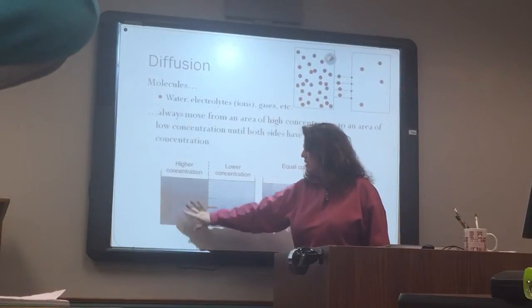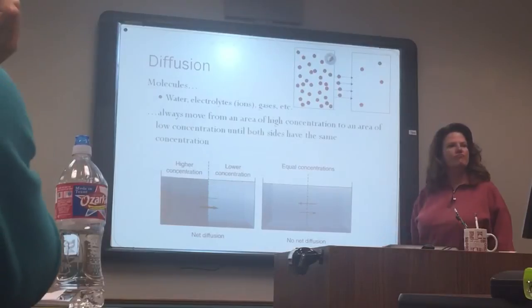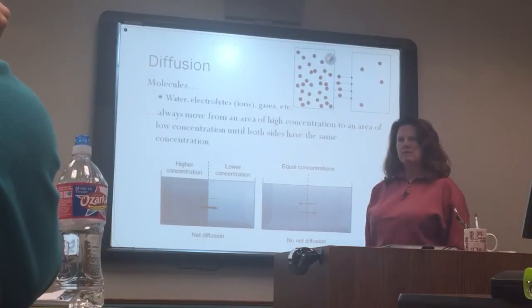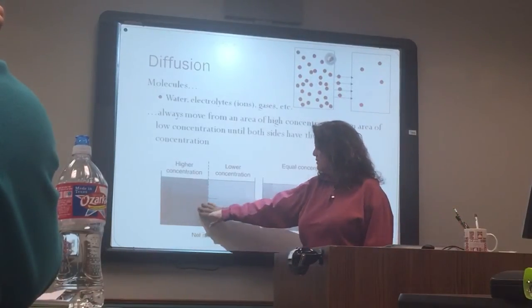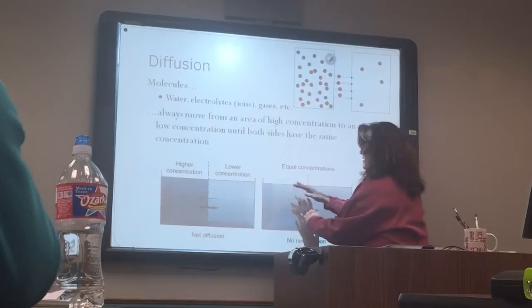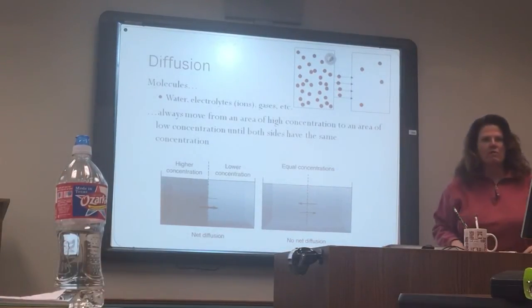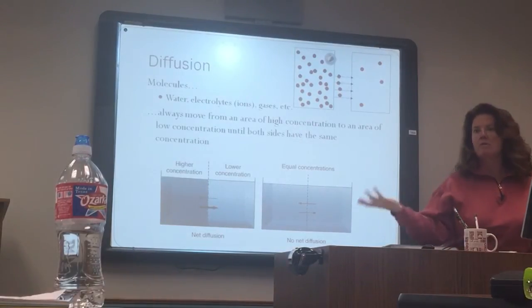So the little black dots are going to go from high concentration to low concentration until they're even, as long as this membrane is permeable to them. Now notice there's a little bit of movement to the left, but the bulk of movement is to the right. And then these dots just move freely back and forth, but there's no net movement one way or the other once they're at equilibrium. Equilibrium means they're equal on both sides.